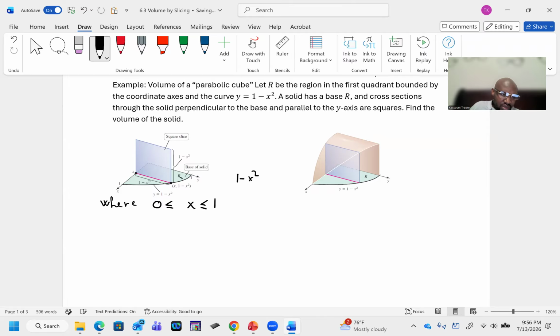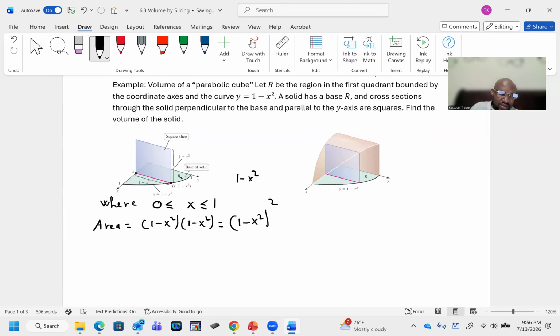So that cross section is a square with side length, the side length is what? 1 minus x squared. Therefore, the area would be 1 minus x squared times 1 minus x squared, because you can see it is the side times the base, so the area would be (1 minus x squared) squared.